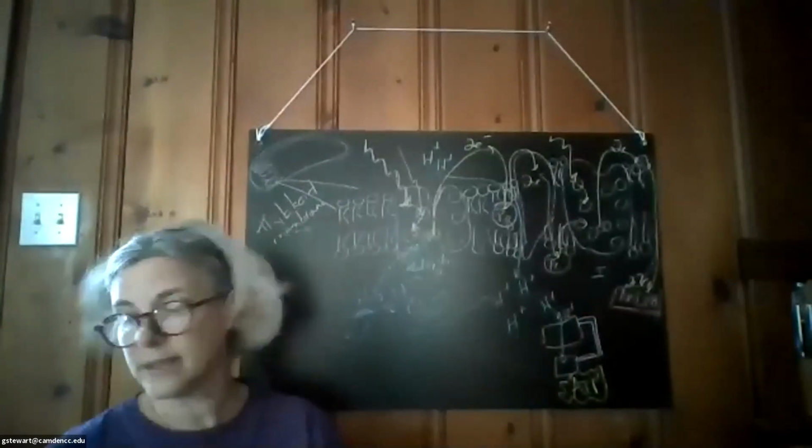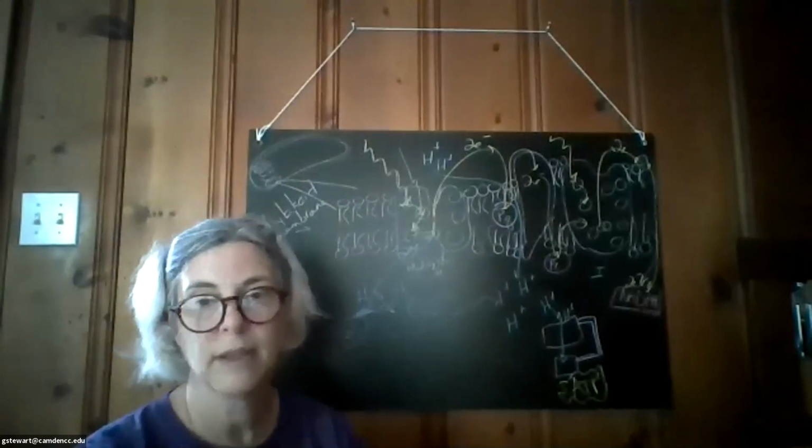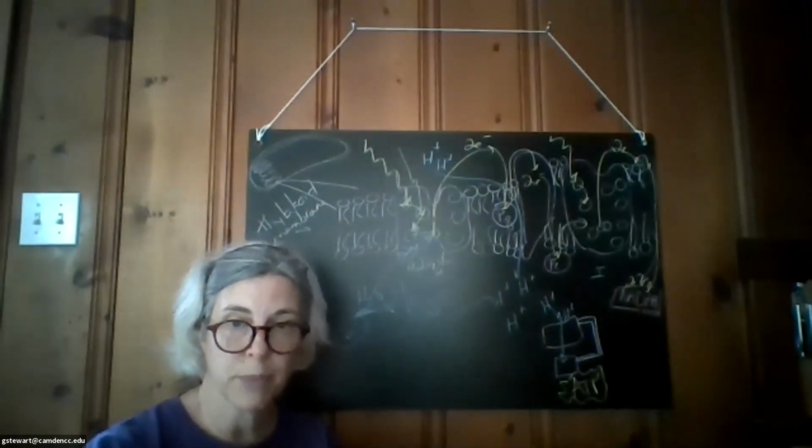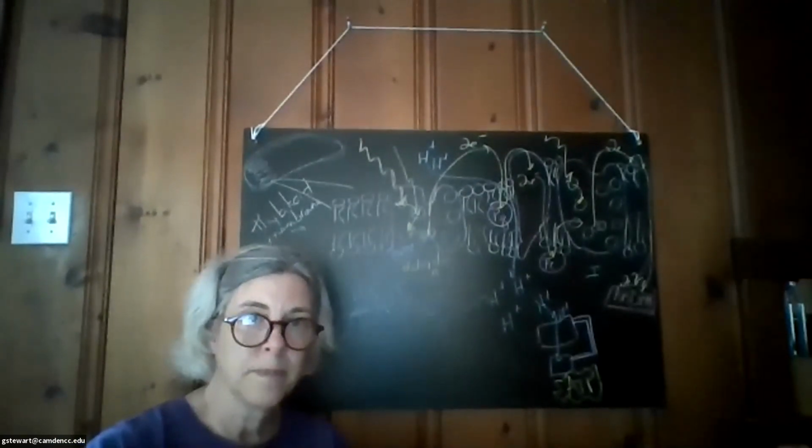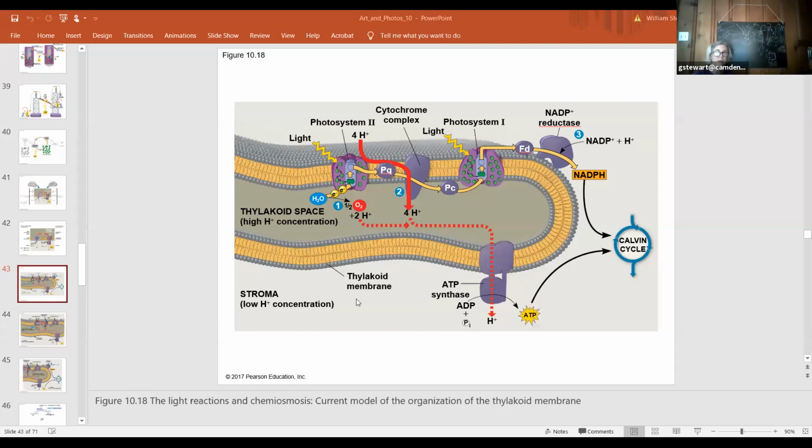Let's look at that picture again, the picture from your book. It's a little more complete than mine. Light energy strikes photosystem 2, exciting electrons. Those electrons get so excited in the special chlorophylls, they jump to these proteins.